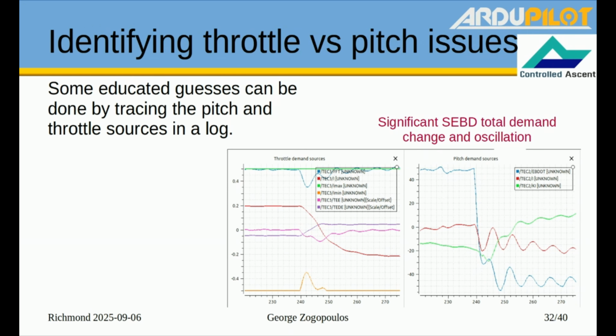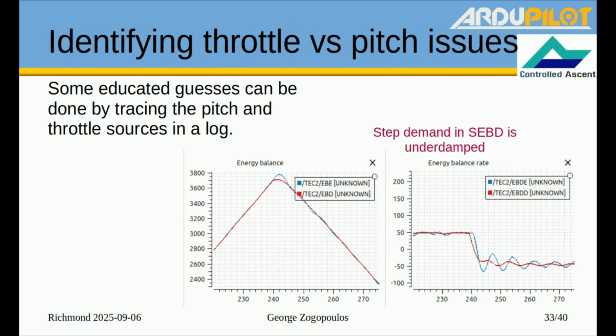And perhaps we can try to trace this one level further back and see what our energy balance does. In this case, we can see that the energy balance rate request was not served right. It was swinging and overshooting wildly on this step response.